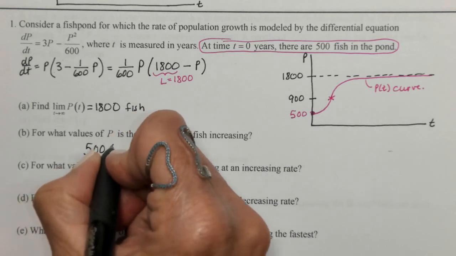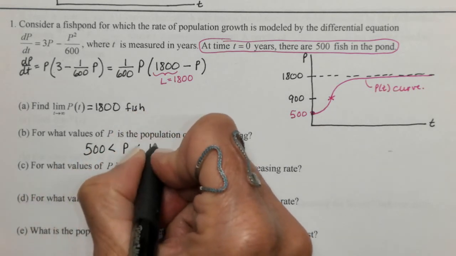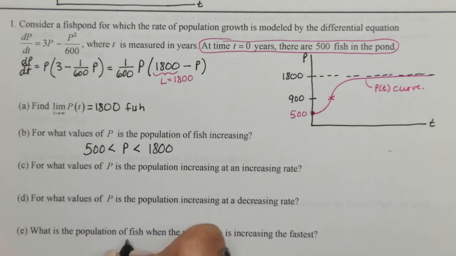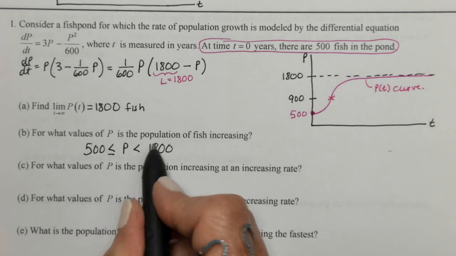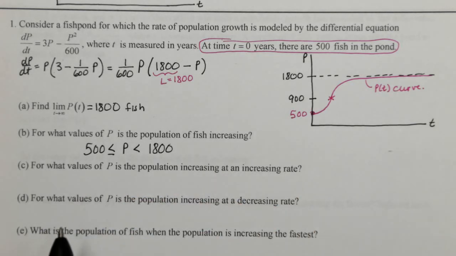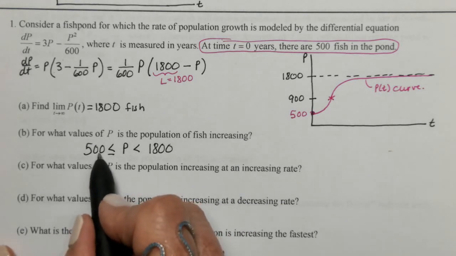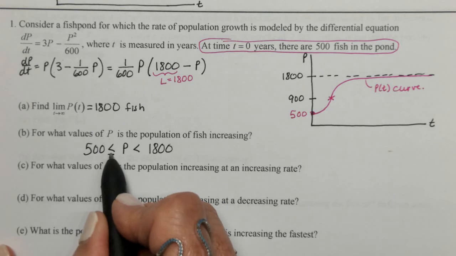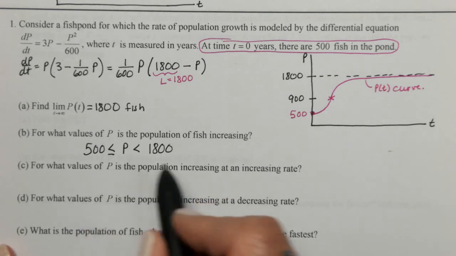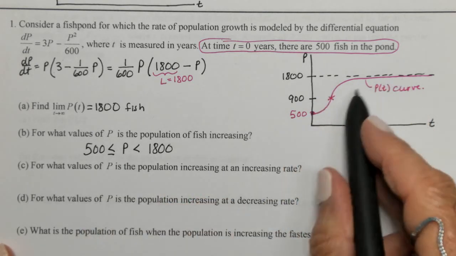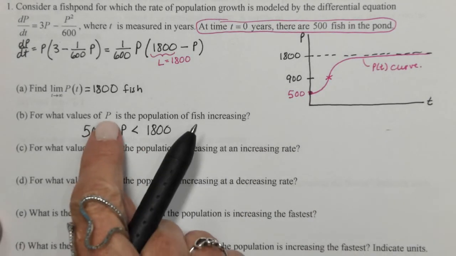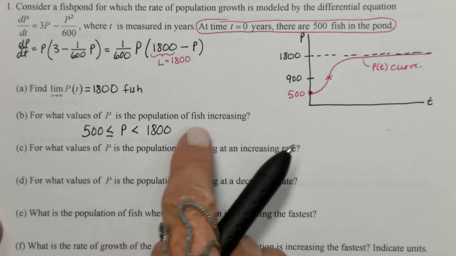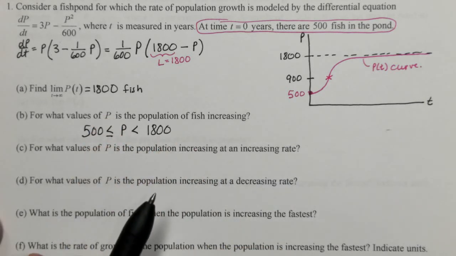It's increasing from 500 to 1800 fish. Technically, we include the 500, because for increasing and decreasing, you include boundaries if they are part of your range. 500 is part of our range, so we include it. We're not going to include the 1800 though, because according to this model, we will never reach the 1800. So these are the P values when the population is increasing.